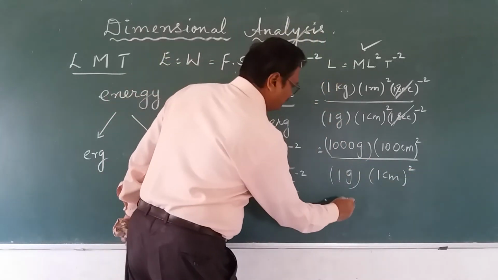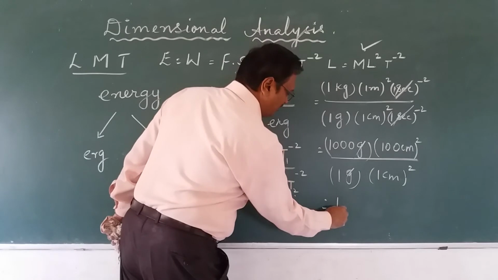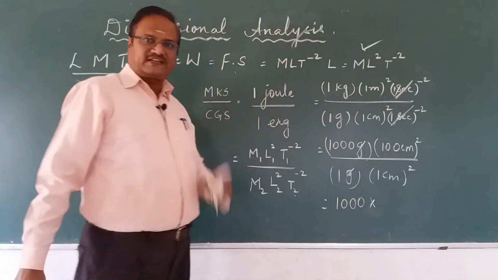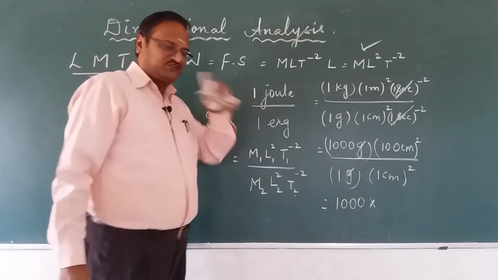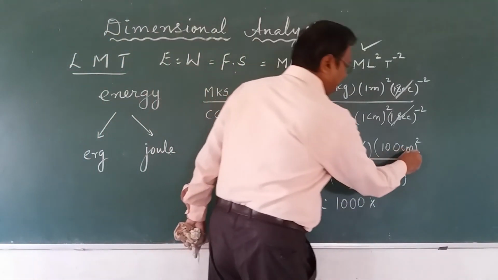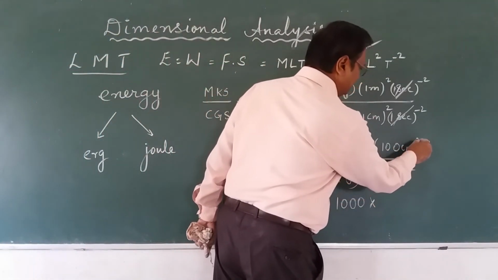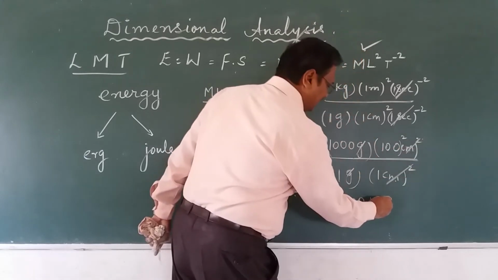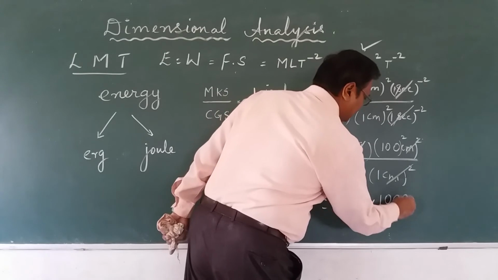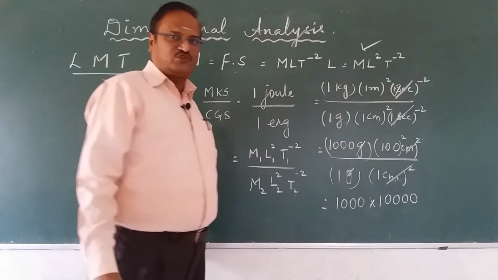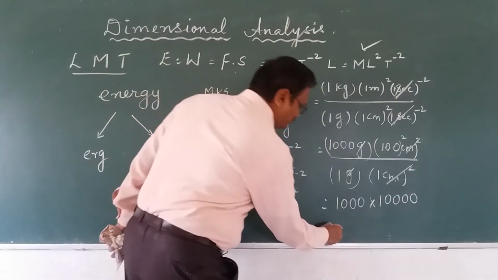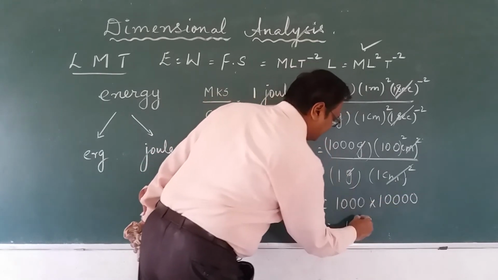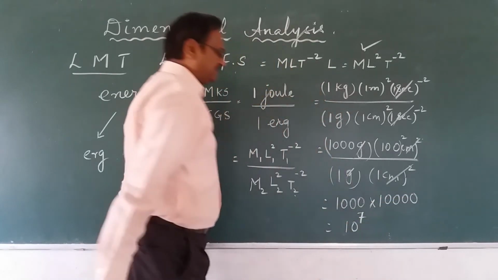That is equal to 1000, multiplied by 100 square; the centimeter square will get cancelled, but 100 square is there. 100 square is nothing but 10 power 4, and those 4 zeros you have to keep, so that is equal to 10 power 7.